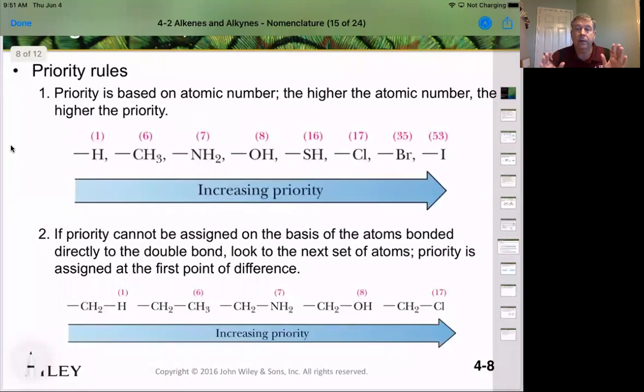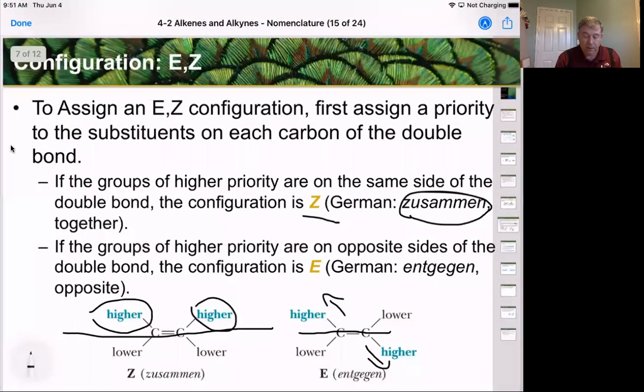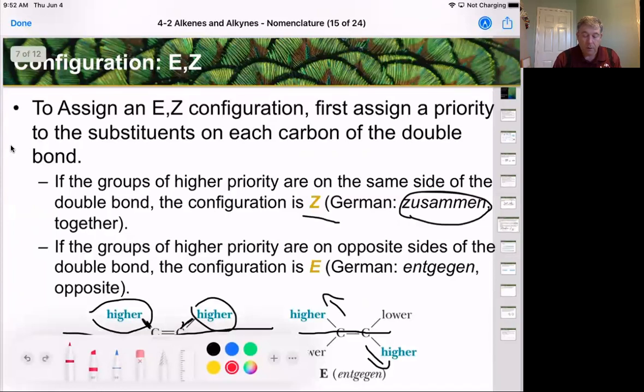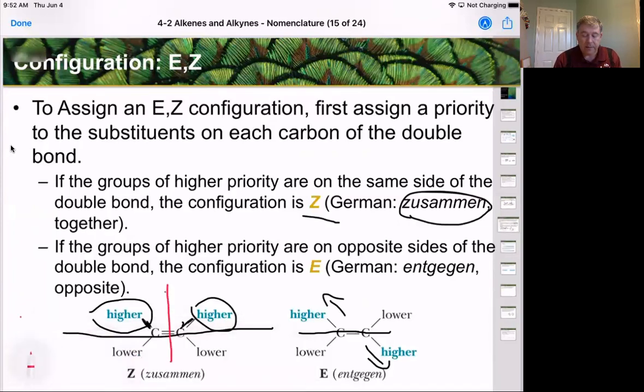So when we're looking at priority rules, the first thing we look at is basically the atomic number of the substituent we're talking about, okay? When we look here, that's just whatever is directly bonded to this carbon-carbon double bond on one side of the double bond versus the other side of the double bond, okay? So when we look at EZ, we are going to actually be comparing which group is the highest on this side versus which is the highest on that side.